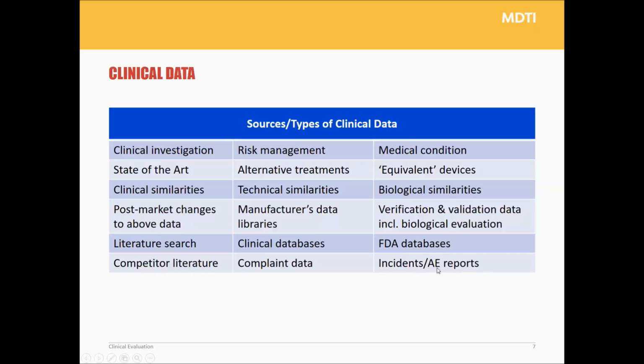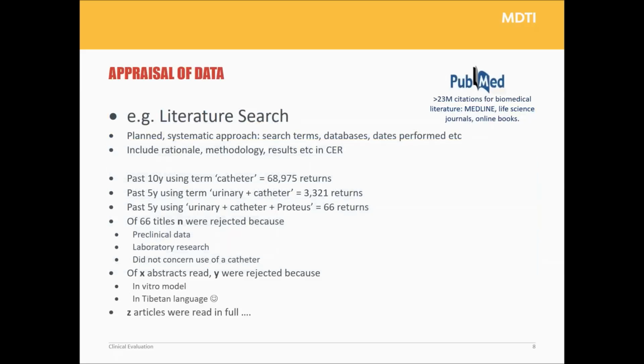And as I've just suggested, incidences concerning the device and adverse event reports concerning the patient. Not just your own, but your competitors as well. All very valid data. And the important thing is just to keep building up the story throughout your clinical evaluation report.